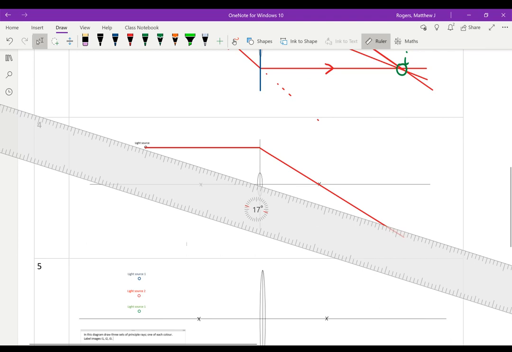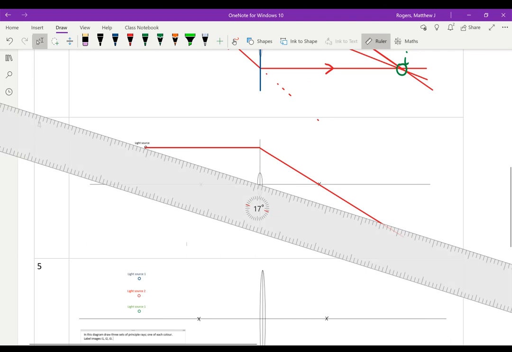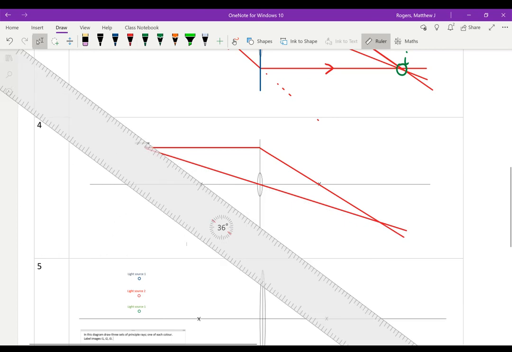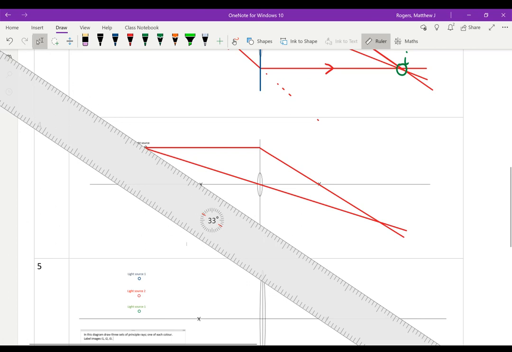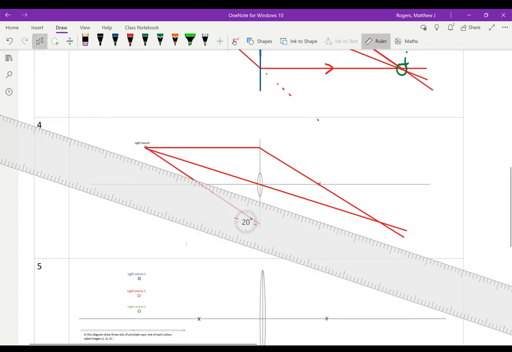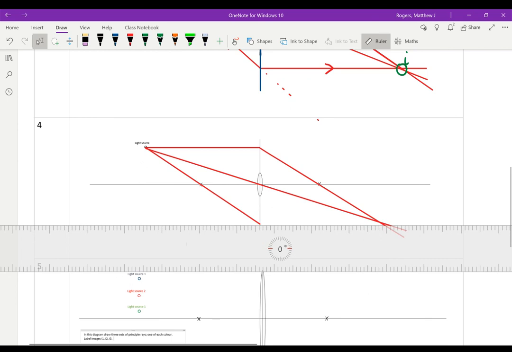And all we're using these diagrams for is to work out where the image forms, not how bright the image is. So this diagram, it's definitely true to say the image would be pretty dim, because there's only a small number of light rays that start at the light source and actually pass through the lens to reach this point where the rays cross over with one another.